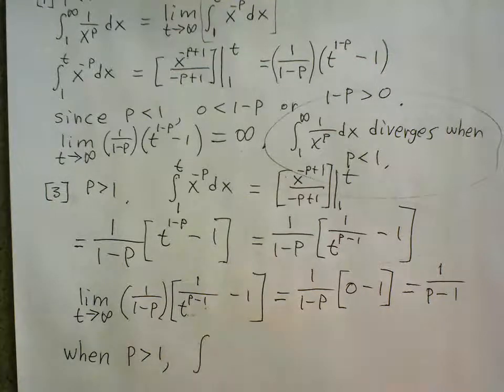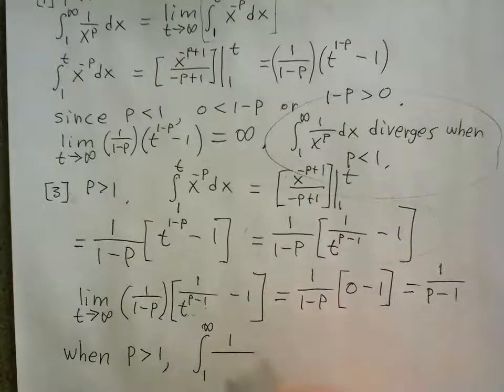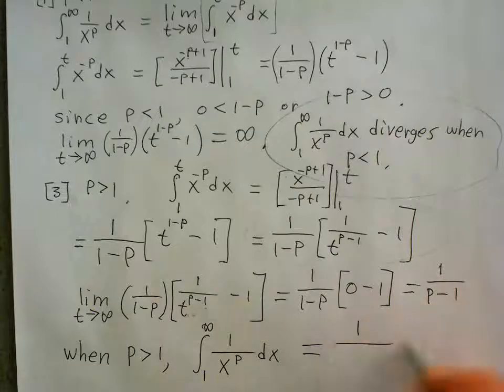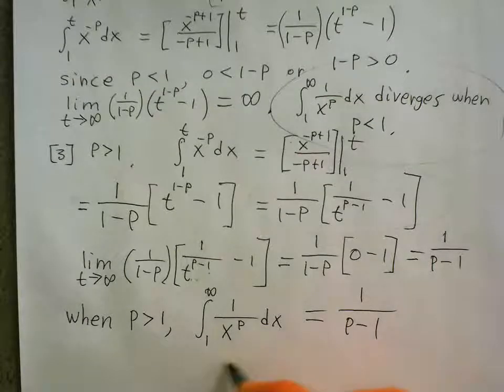The improper integral from 1 to infinity of 1 over x to the p dx converges to the number 1 over p minus 1. So converges.